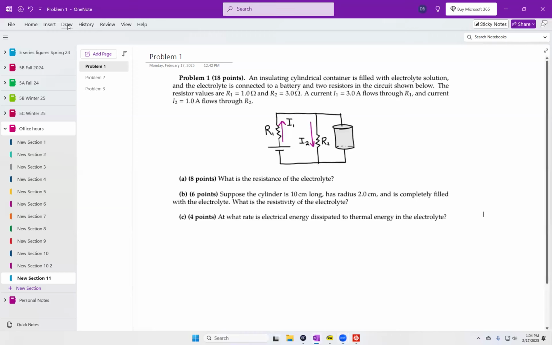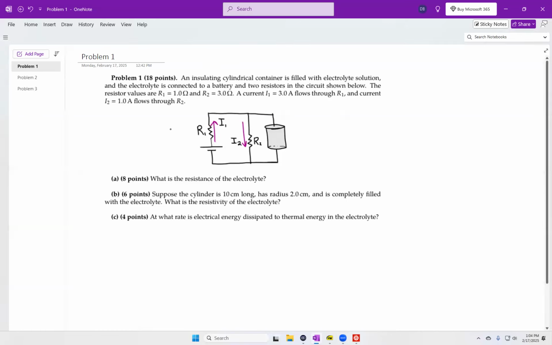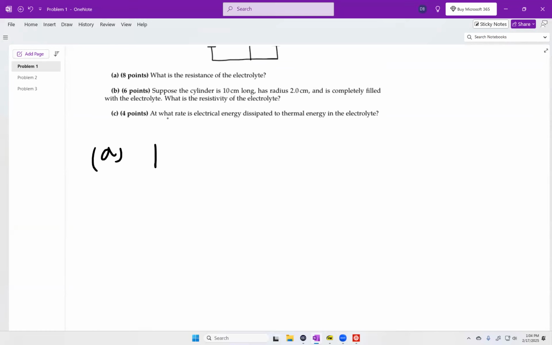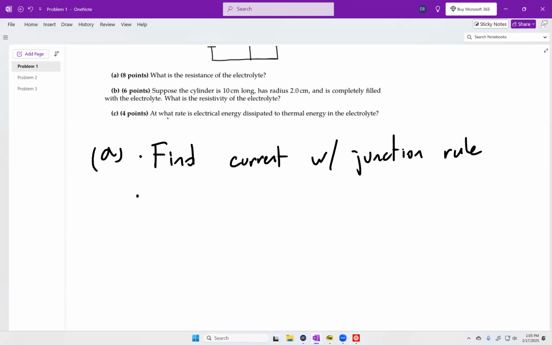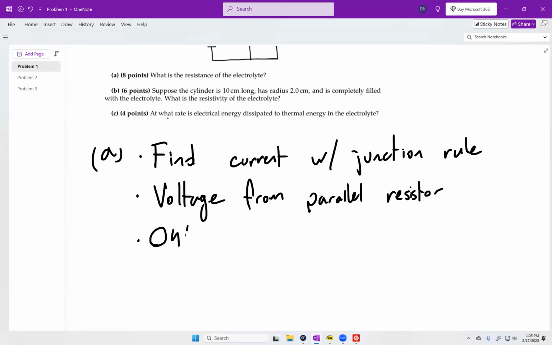So my strategy for part A is going to be: find current with the junction rule. And then voltage we can get from the parallel resistor. And then finally Ohm's law is going to let us get the resistance.